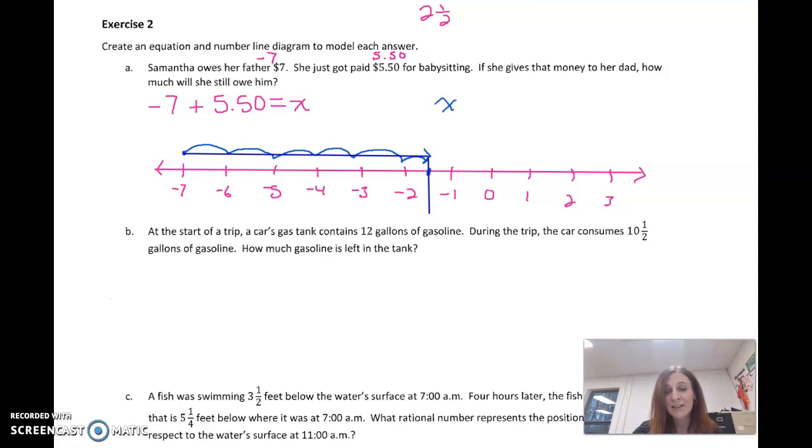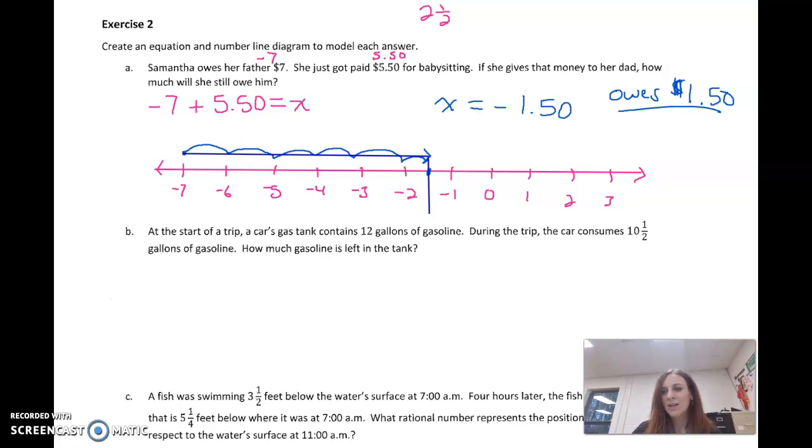So I believe that x is going to be equal to negative 1.5. But remember, what question are they asking? If she gives that money to her dad, how much do we still owe him? She doesn't owe him a negative 1.5. She owes her dad $1.50. All right, so you just want to make sure that your answer makes sense to the question. Okay, so she owes her dad still $1.50.